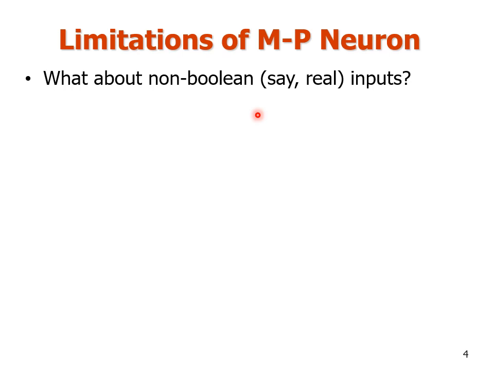So here many of the features are non-Boolean. Tumor size is a real number. Textural properties are also real. Perimeter is also real. Color may have some discrete values.